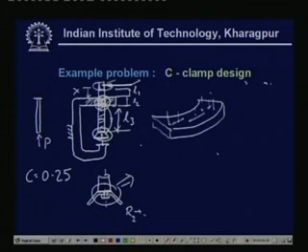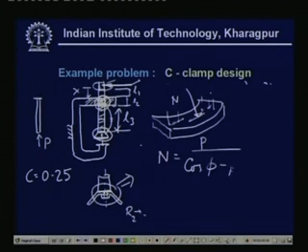If you remember from the last lecture, the normal force on it was P divided by (cosine phi minus mu times sin phi), where again phi is the helix angle. Now, for a normal thread, phi is very, very small. Therefore, this term is very small and it is multiplied by mu, which is again a small number.